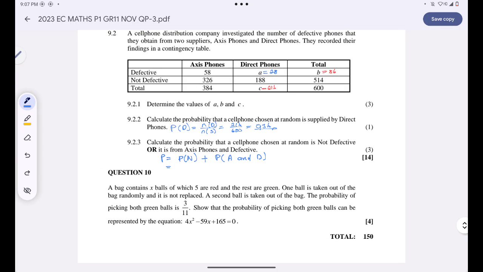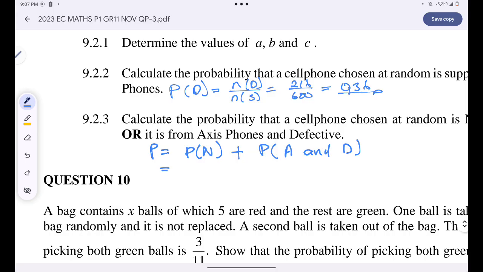So the probability of finding a phone which is not defective, I'll simply say the number of non-defective phones over the total number in the sample space, plus the number of Axis phones which are defective over the total number of the sample space.